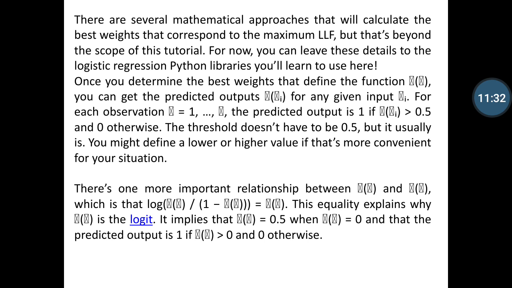Once you determine the best weights that define the function p(x), you can get the predicted output for any given input, for each observation p(x_1) up to p(x_n). The predicted output is 1 if p(x) is greater than 0.5 and 0 otherwise.